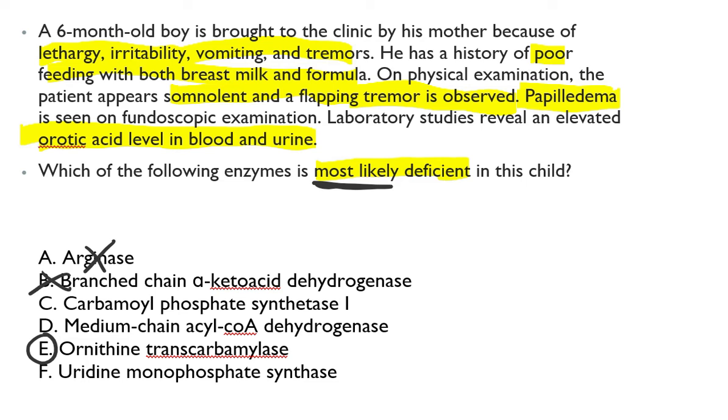C, carbamyl phosphate synthetase 1. A defect in carbamyl phosphate synthetase 1 wouldn't really make sense because carbamyl phosphate getting shunted into pyrimidine synthesis is what's creating orotic acid. So C doesn't make sense. D, medium chain acyl-CoA dehydrogenase deficiency, so MCAD deficiency.